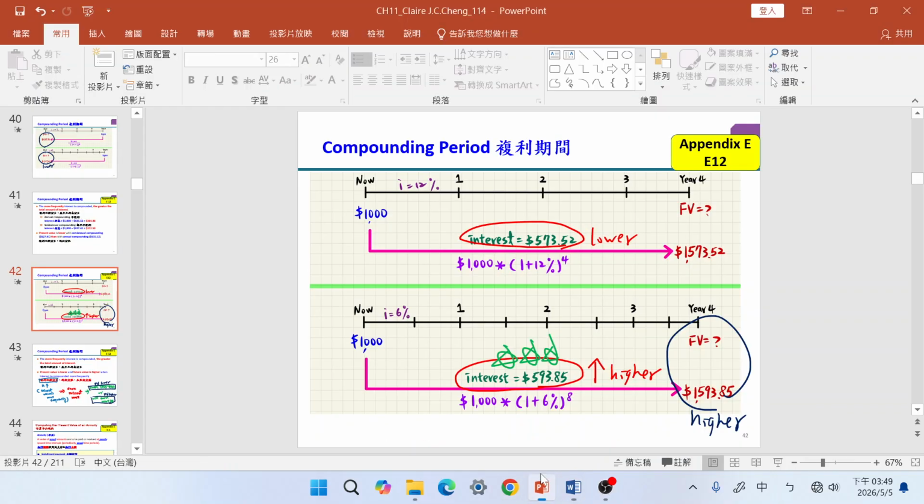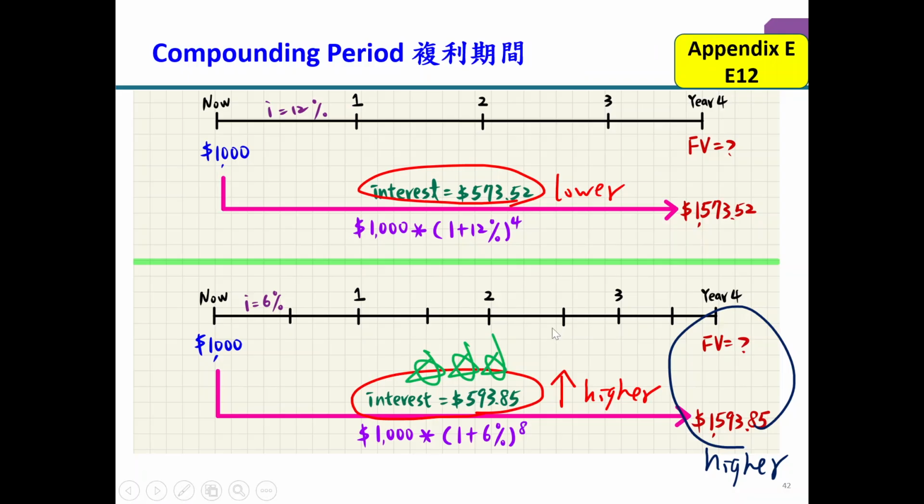For example, based on one number, we only invest $1,000 at the beginning, and I want to know that $1,000 future value. But the problem is, you will only have one number when you invest the money only one time. No, it's not, right?